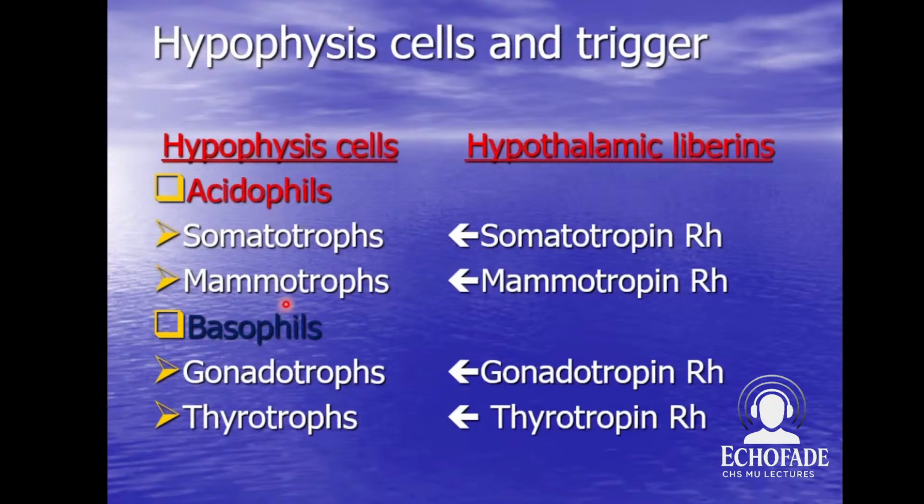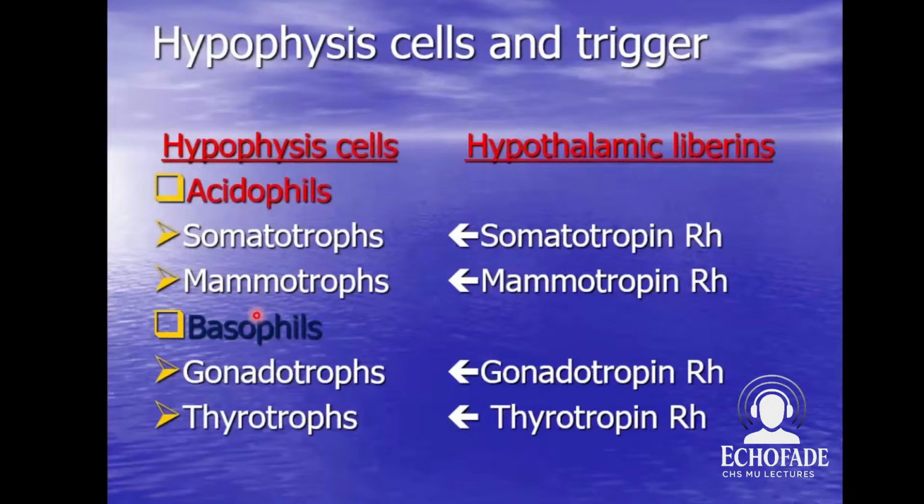Among the acidophils, we have the somatotropes that produce growth hormone under the stimulation of somatotropin-releasing hormone from the hypothalamus. We have the mammotropes, that are very important in the mammary gland, with mammotropin-releasing hormone from the hypothalamus stimulating the mammotrope cells. These are acidophils.